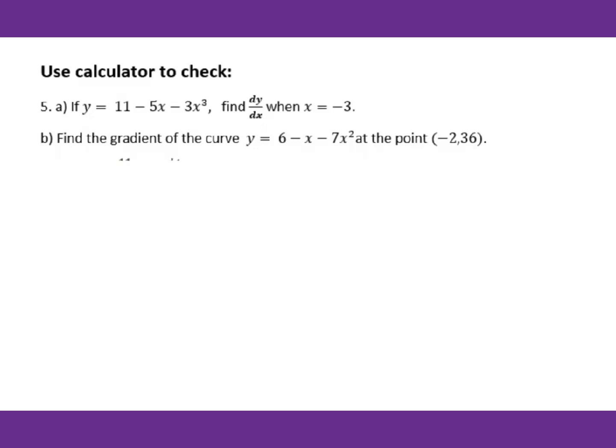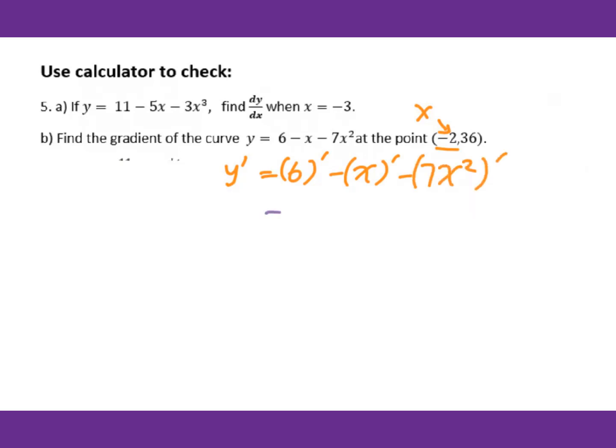Now let's go to B. Find the gradient of the curve y equals 6 minus x minus 7x squared at the point negative 2, 36. So we focus on this negative 2. x equals negative 2. Therefore, you will get y prime equals 6 prime, minus x, we do prime, minus 7x squared, we do prime.